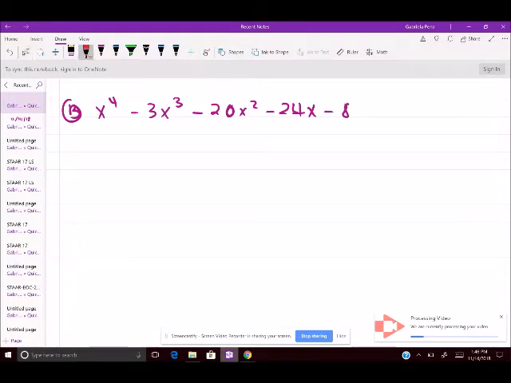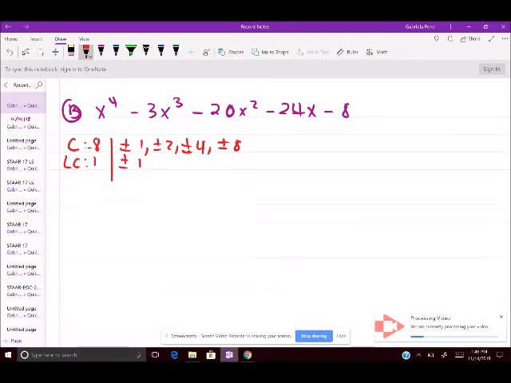So the first thing we did in example 1, who's my constant? 8 or -8? Which are the factors for the -8? 1, 2, 4, and 8, right? Okay. How about for 1? It's just 1.